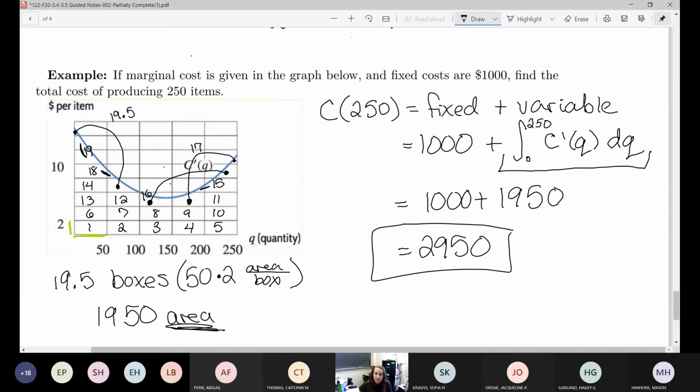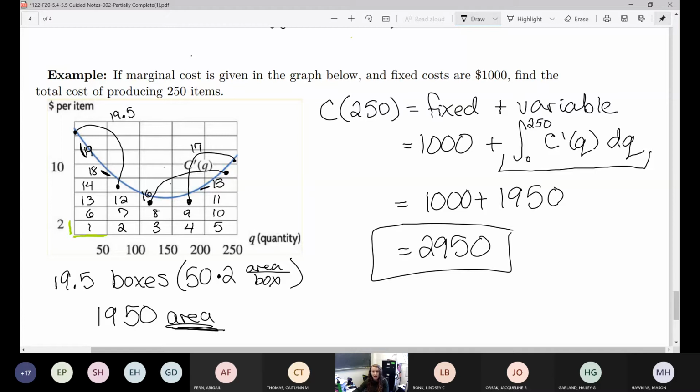Okay. When do we know when to piece the boxes together or to just find the integral? Okay, so if you have the equation for the function that you want to integrate, find the actual integral. Either take the antiderivative or plug it into your calculator. Here we didn't have an equation for the thing that we needed to integrate.